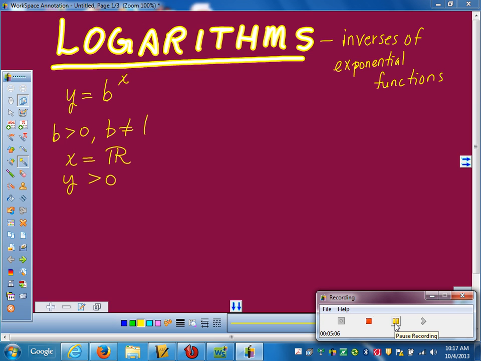So if you're doing the inverse, what were the 2 steps to finding an inverse? You switch x and y, and you solve for y. So if you take the original equation we have here and switch x and y, I'm going to have x equals b to the y power, but then they hit a snag.